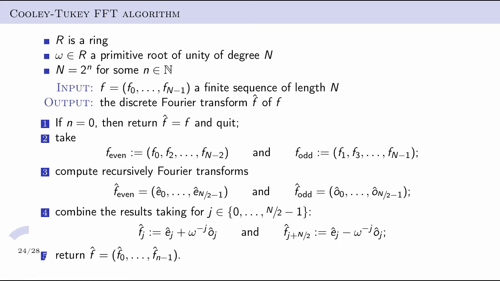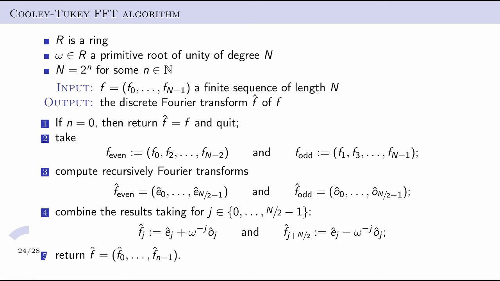This algorithm is recursive, and the stopping condition is when the length of f is 1, just a single element, f is just a singleton. If it is a singleton, then the algorithm just does nothing. It returns f. The Fourier transform of a singleton is this singleton, nothing else. We just stop there.